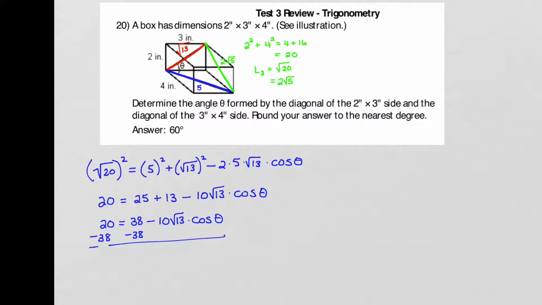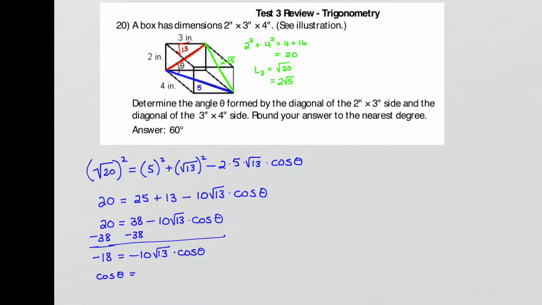And I'm really going through the basic algebra here, but it is something where people tend to make errors that they really know better, but there's just a lot going on. So we have negative 18 equals negative 10 times the square root of 13 times cosine theta. To solve for cosine theta, I'll divide both sides by negative 10 square root of 13.